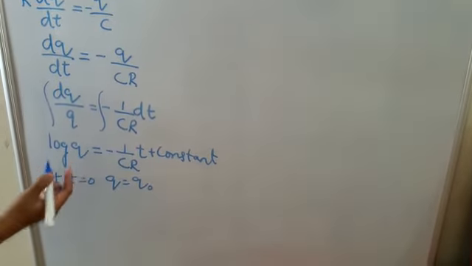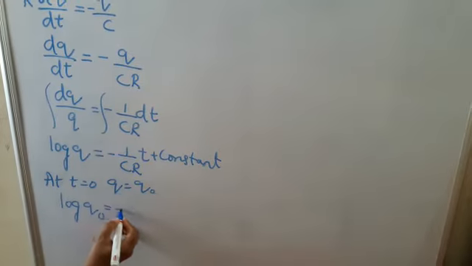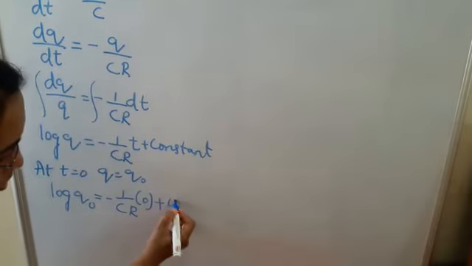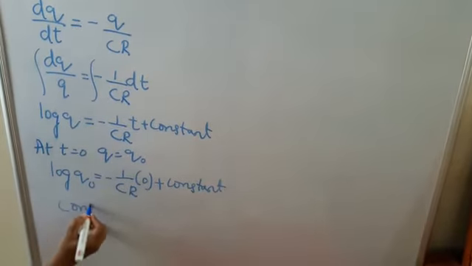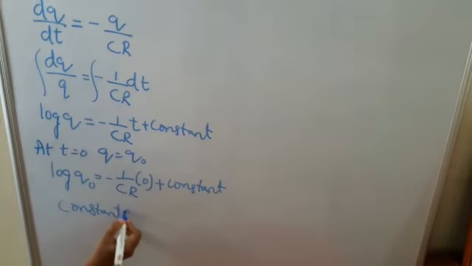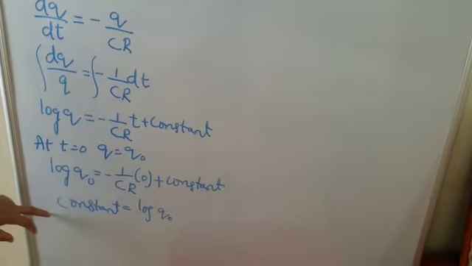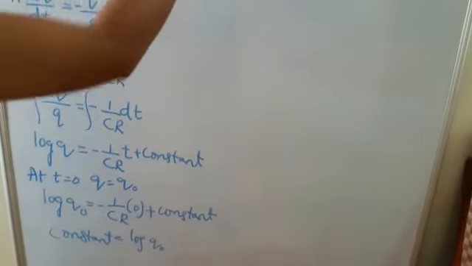Substituting this condition in the above expression, we have log Q0 equal to minus 1 by CR into 0 plus constant, or constant will be equal to log Q0.